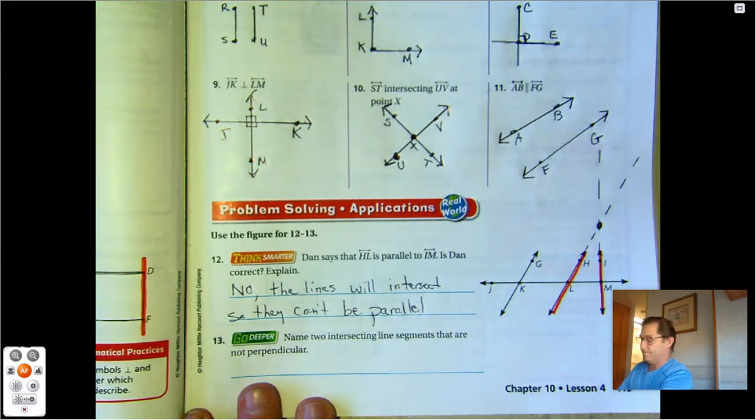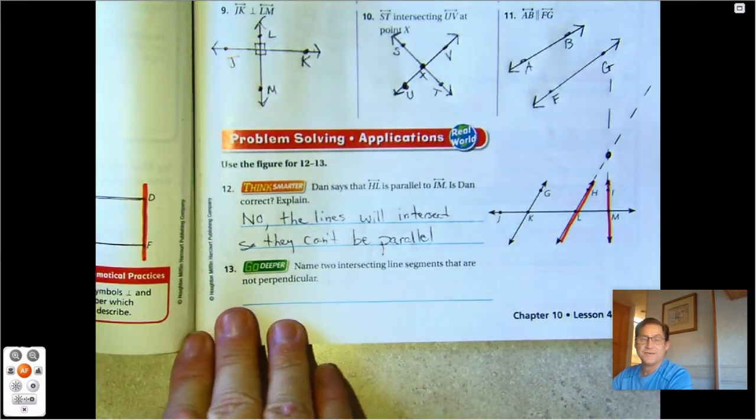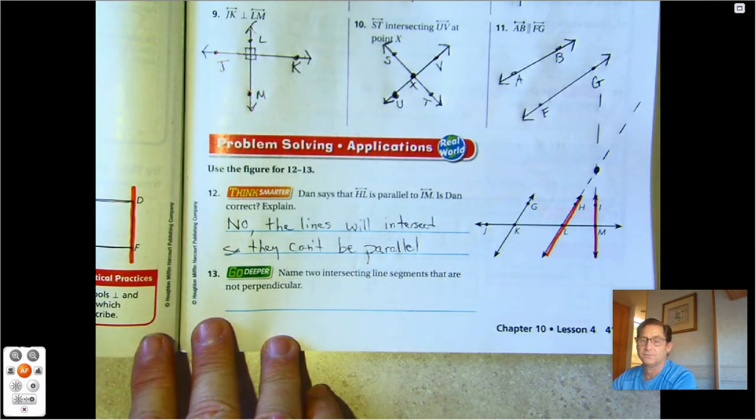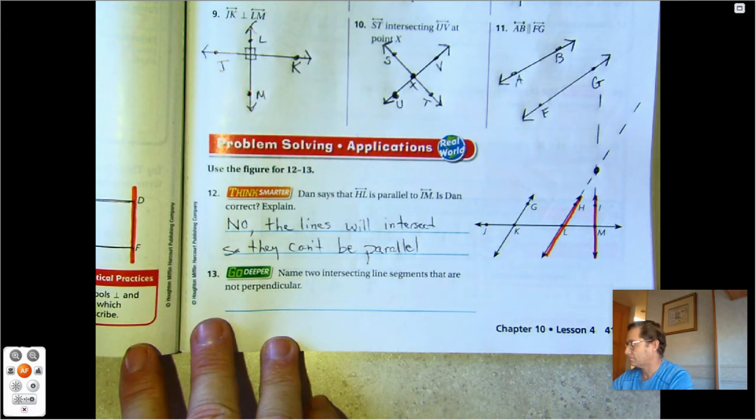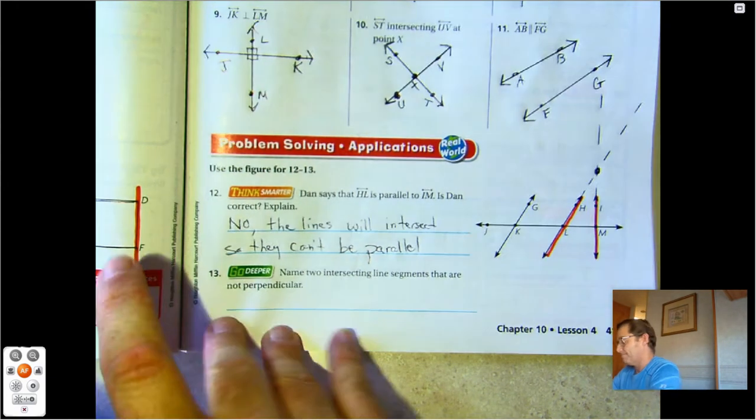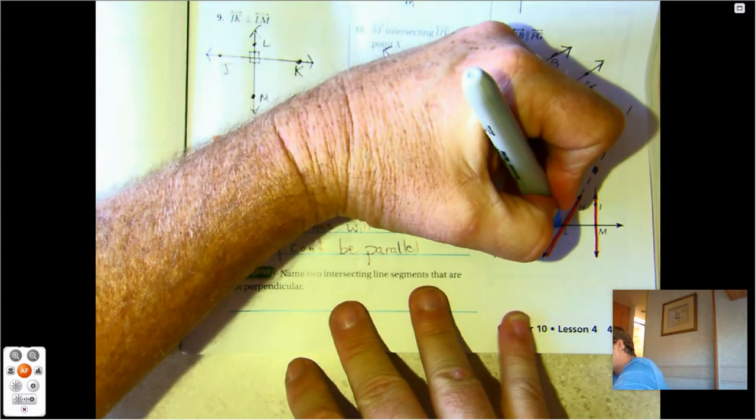All right. Name 2 intersecting line segments that are not perpendicular. Line segments. Well, let's say KL.